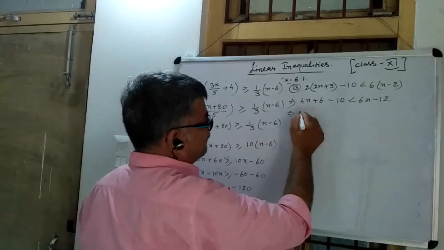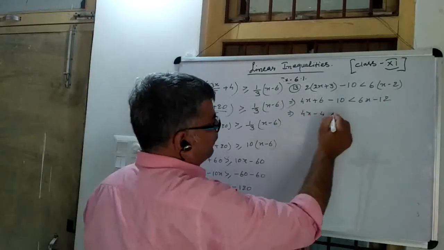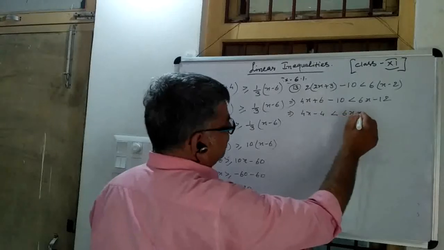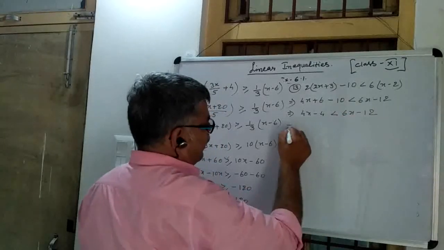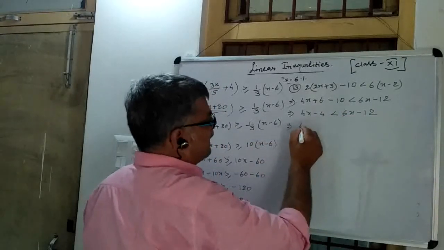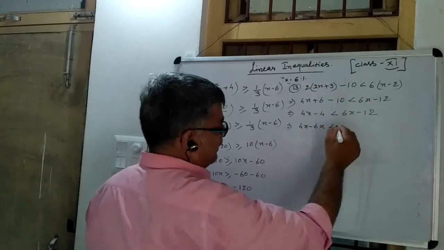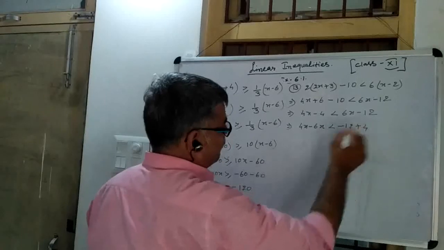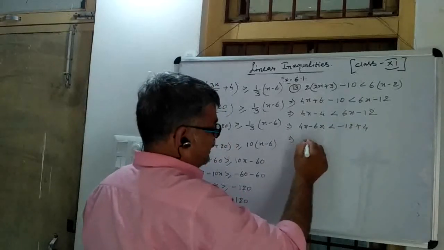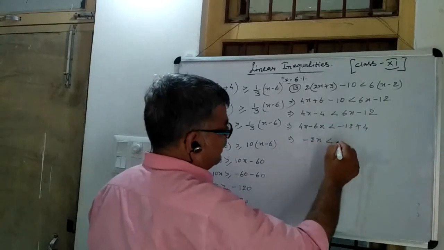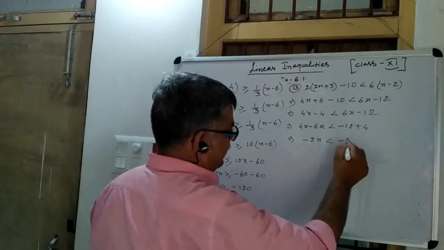which implies that 4x minus 4 is less than 6x minus 12. Now bring the variable to the LHS part. So 4x minus 6x is less than minus 12 plus 4, which is minus 2x is less than minus 8.